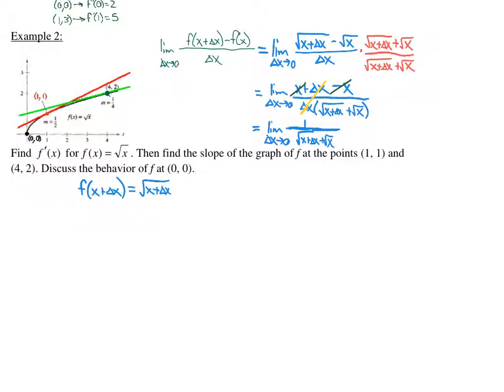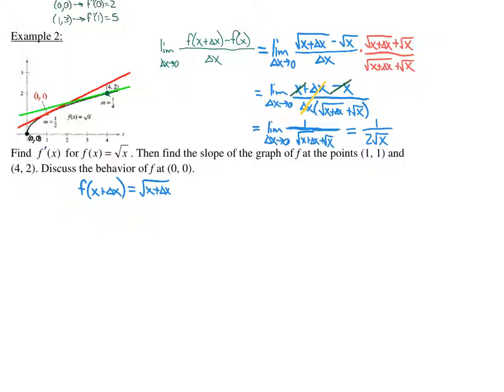And now I have something that I can simply plug 0 into. So it's 1 over 2 radical x. If you want to rationalize at this point, you can.